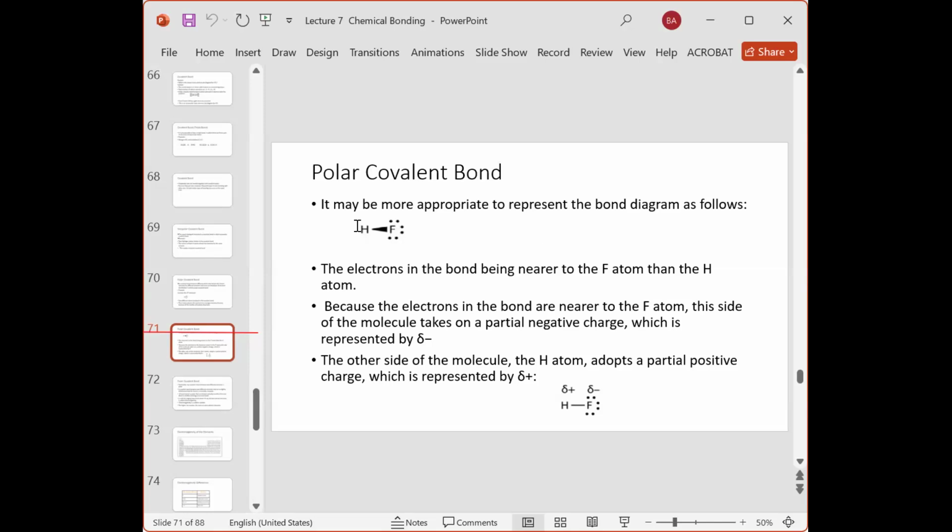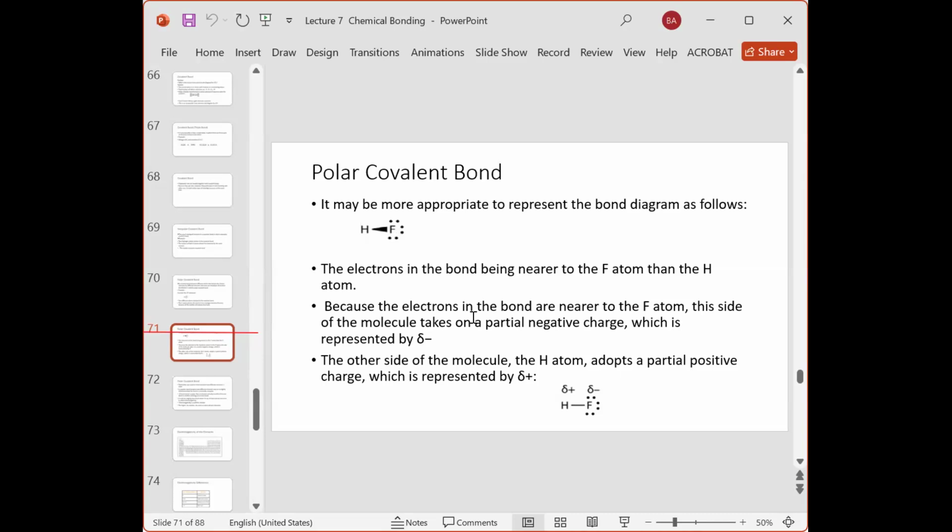All right. The electrons in the bond are nearer to the fluorine atom than the hydrogen atom.